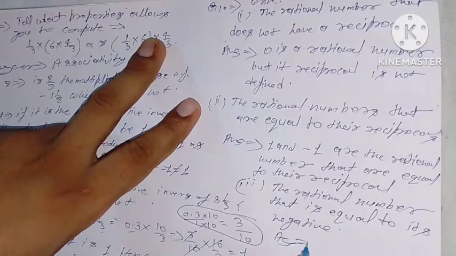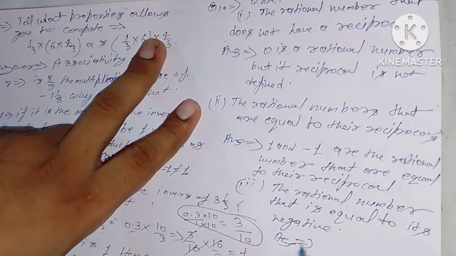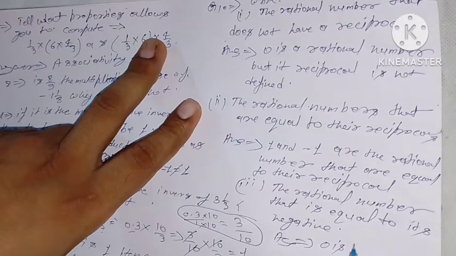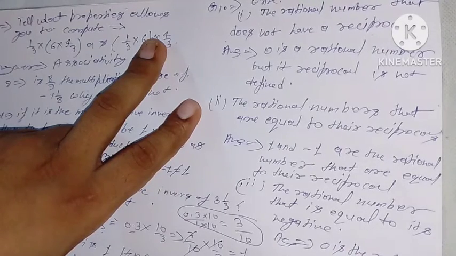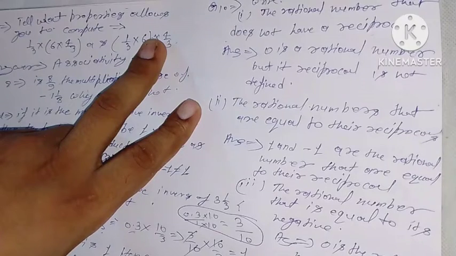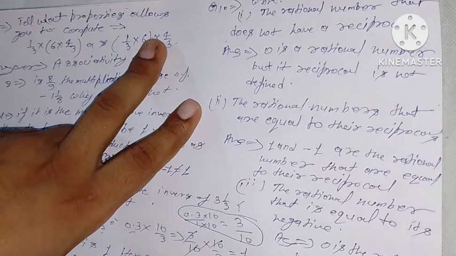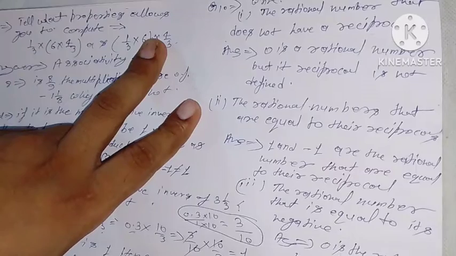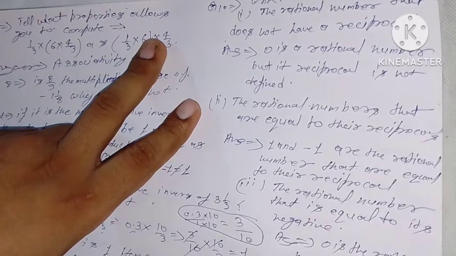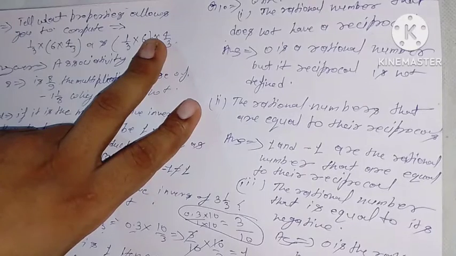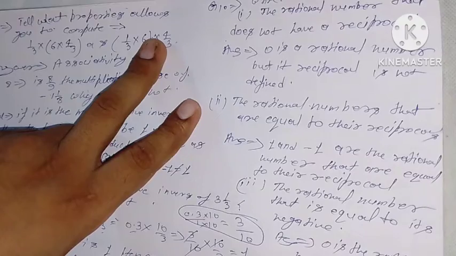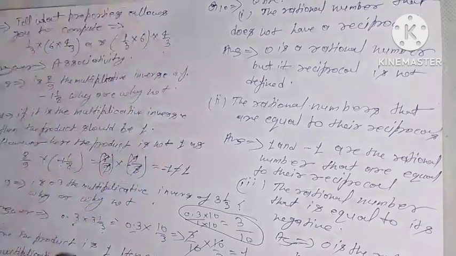Answer. 0 is the rational number that is equal to its negative.